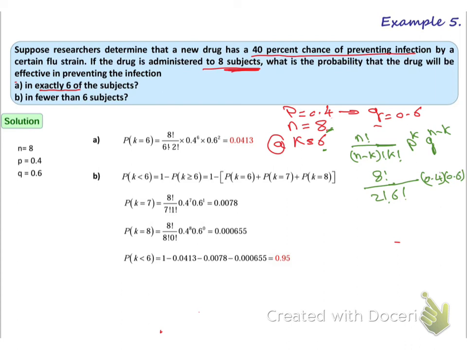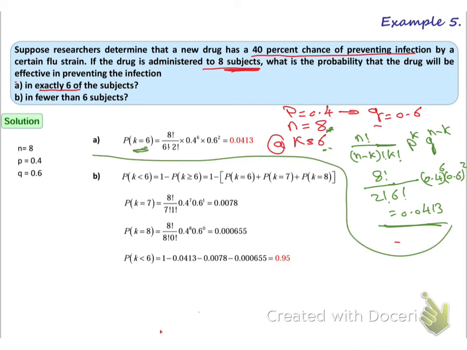So p to the power k, which is 6, and q to the power n minus k, which is 2. By calculating this, I get the answer 0.0413, and this is the probability of having exactly 6 people. This is the answer to A.